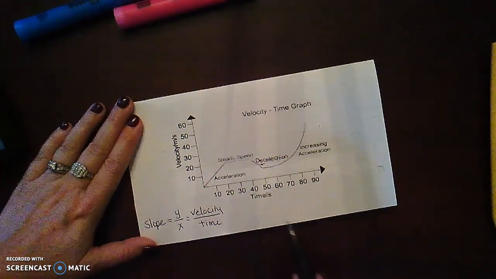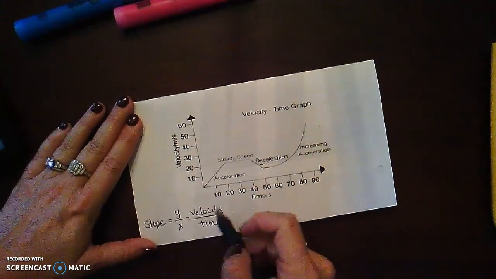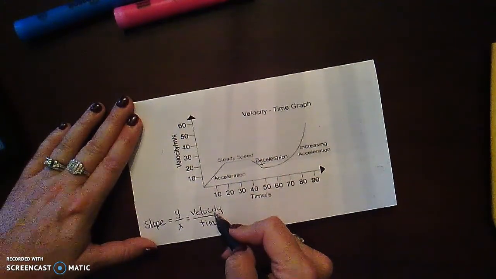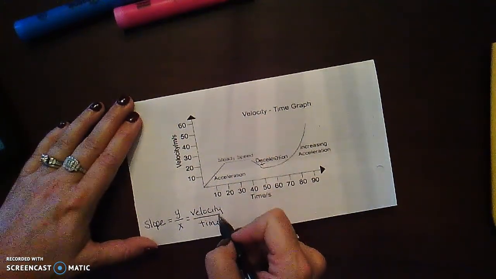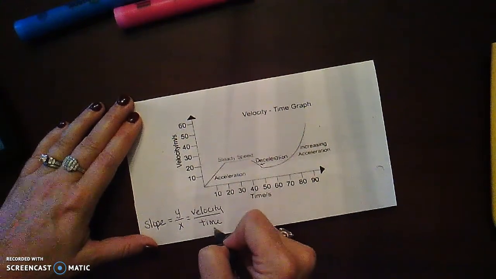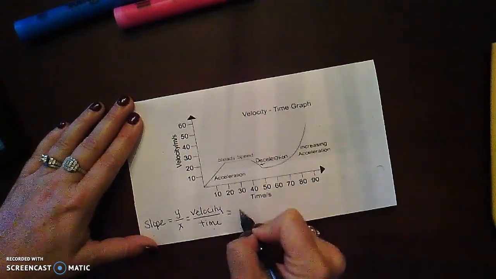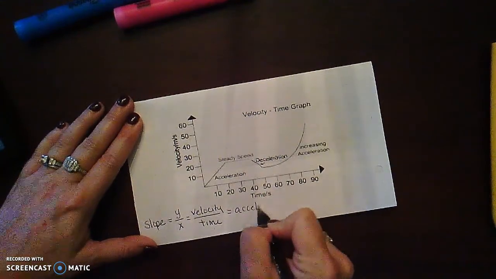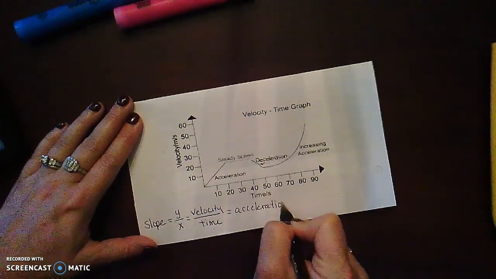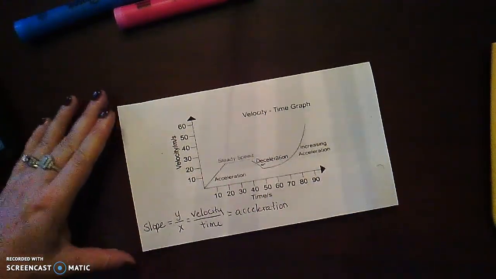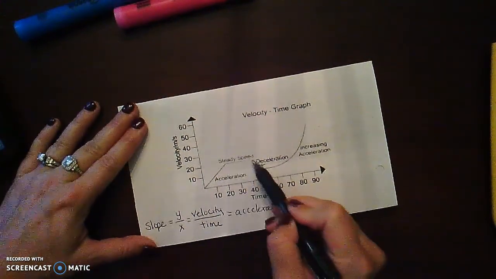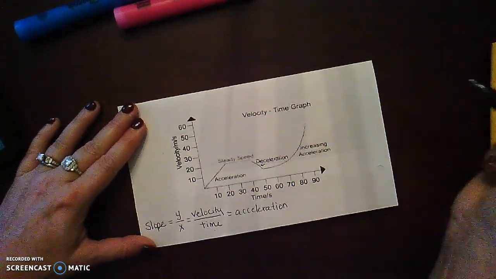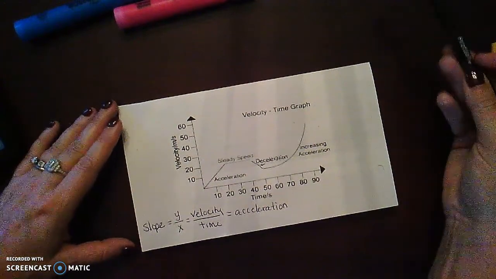And in the second half of Unit 2, you're going to learn that when we take the velocity of an object, especially the change in velocity, and we divide it by the time, then that's going to give us acceleration. So the slope of these lines tells us if an object is accelerating or not.